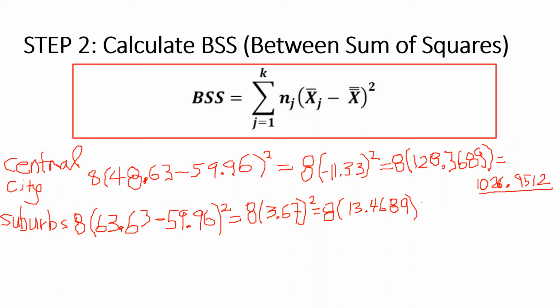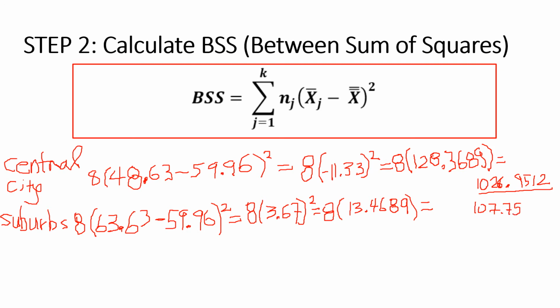Okay, and so 8 times 13.4689 gives us 107.7512.